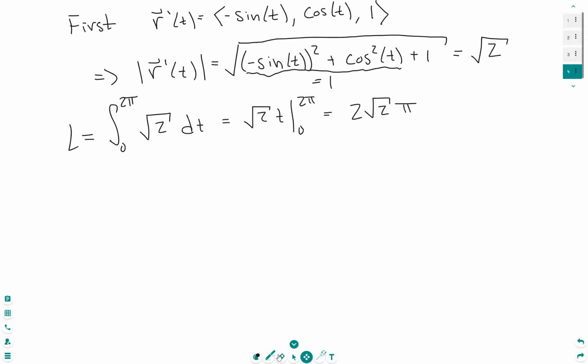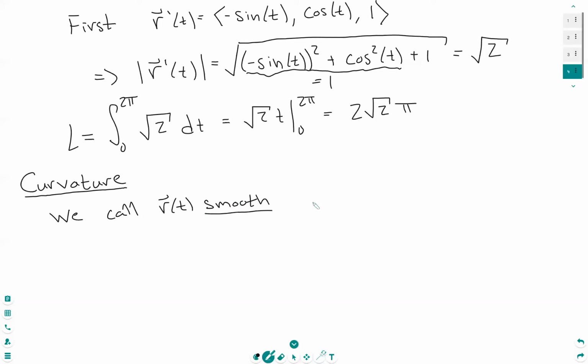Okay. Curvature. We call some vector function r of t smooth if the derivative r prime of t is continuous and it's never equal to 0.